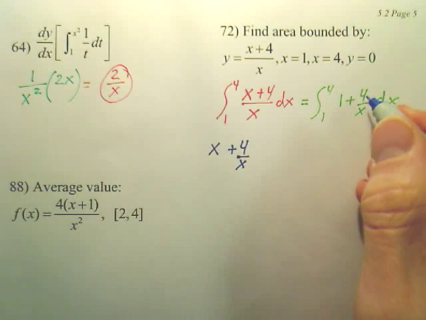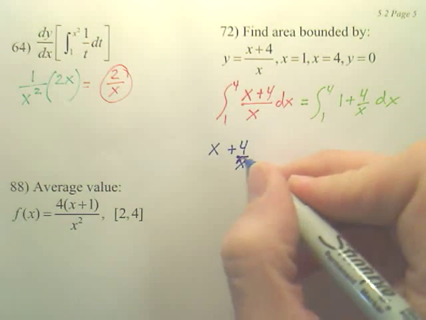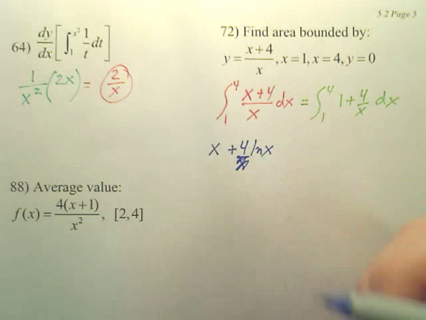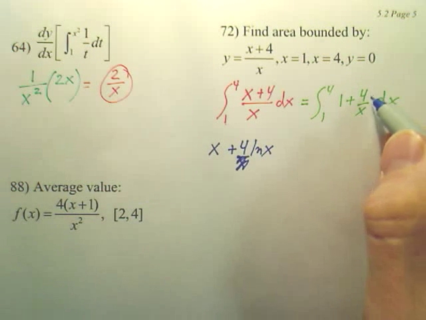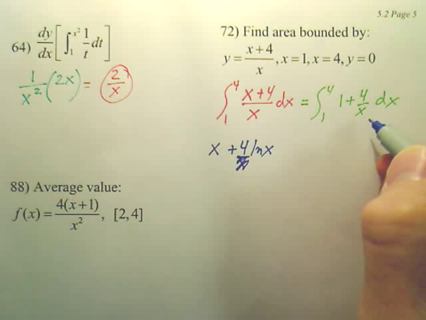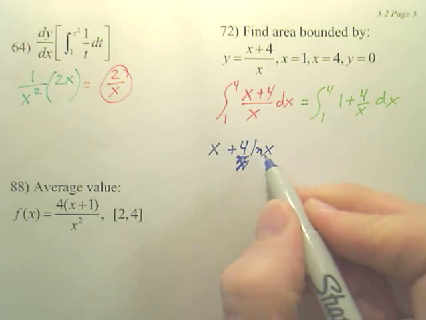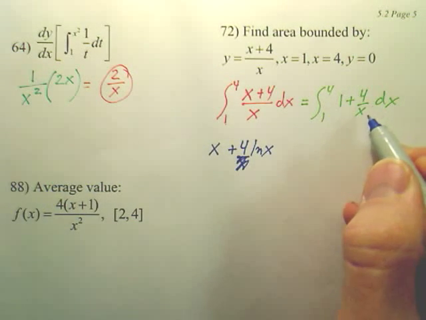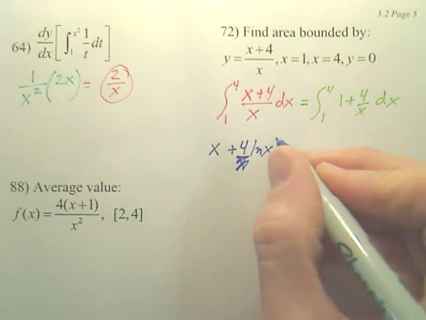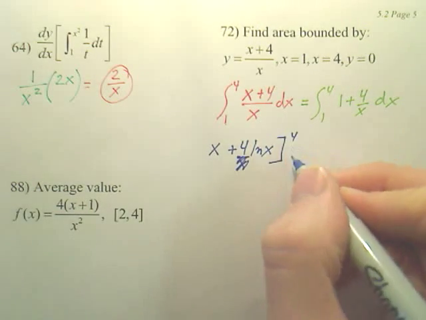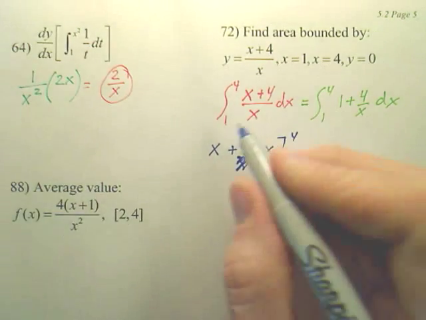No, that's not it. That's 4 ln x. I'm thinking backwards. The integral of 1 over x is ln x. Got it? It's easy for me to mix back and forth. Push the 4 over, 1 over x is ln x. Anyways, and this is from 1 to 4.